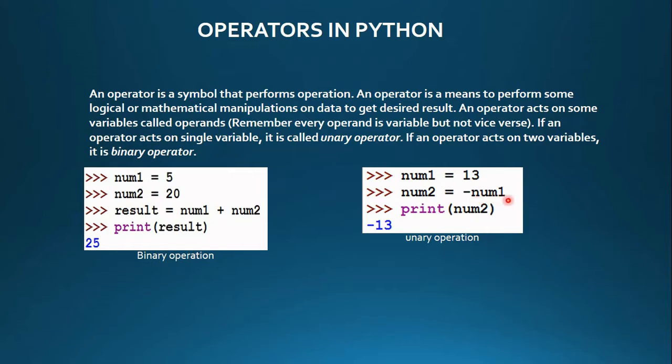That's why num1 is an operand and this minus symbol is an operator. And num2 will be initialized with what? With minus of num1, that is minus of 13. And when I print num2, what will it return? It will return minus 13 as its output.